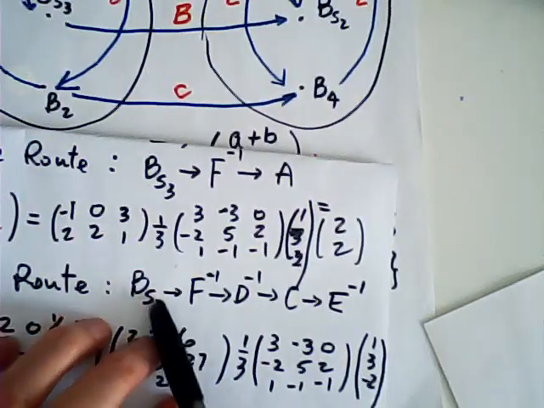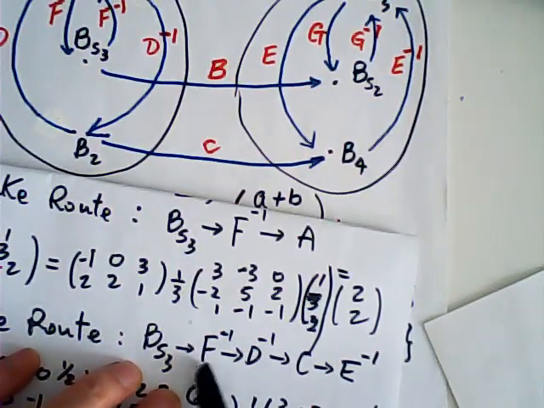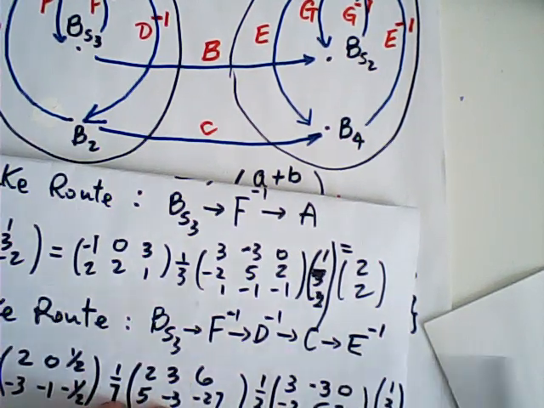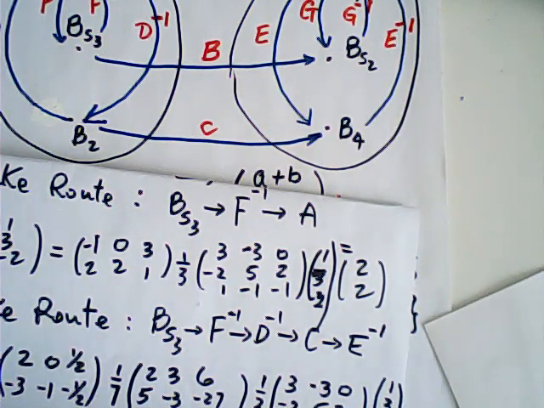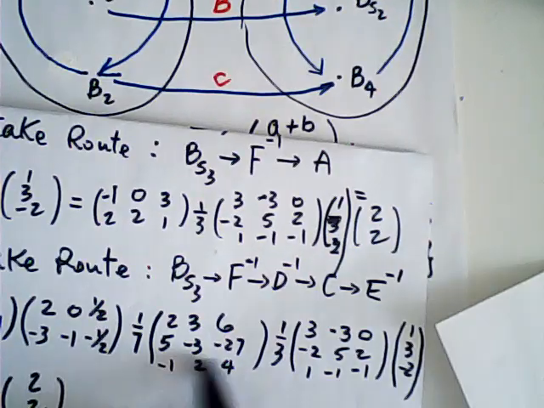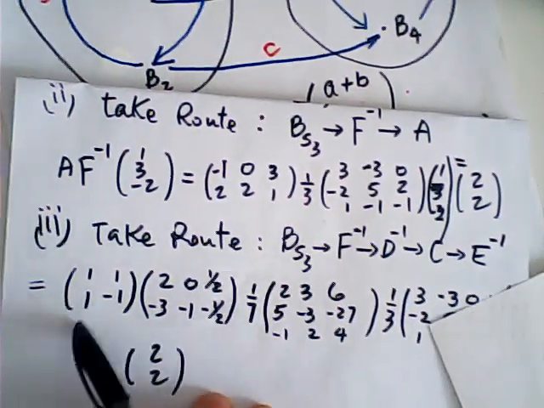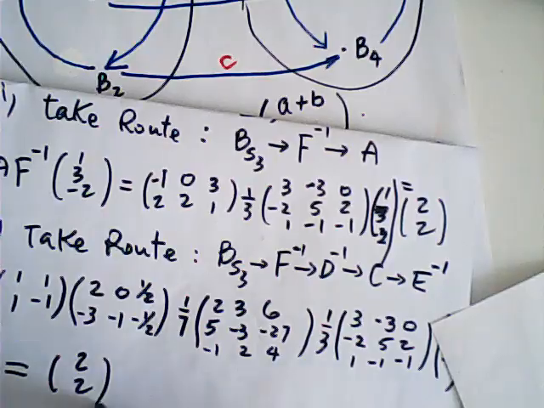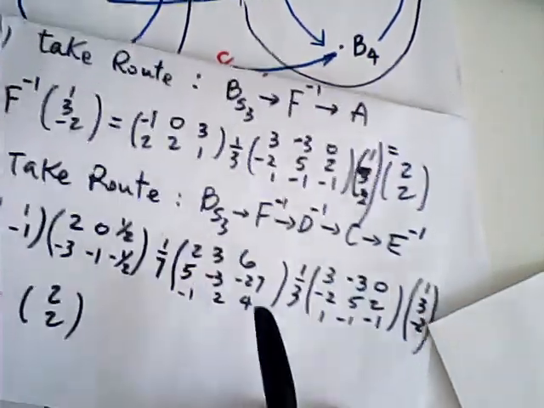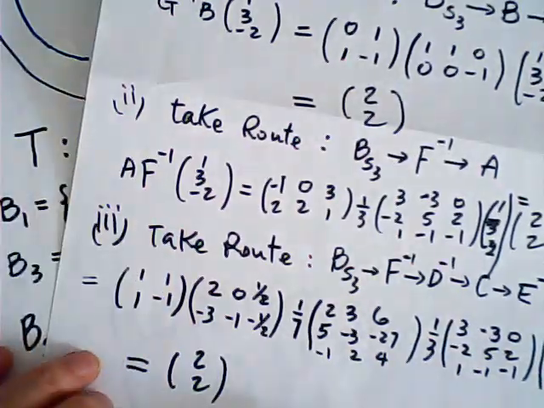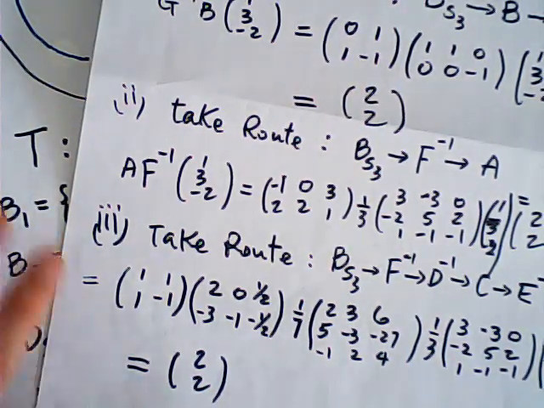This means F inverse, D inverse, C, and E inverse. So this is my vector. This is my F inverse. This is D inverse. This is C. This is E inverse, and you get the same result. Well, it's just amazing.